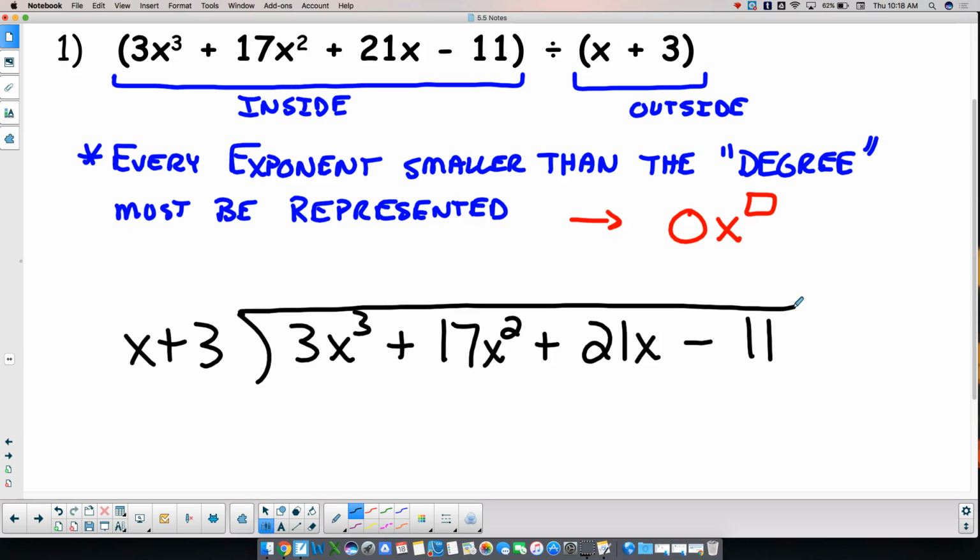Here with polynomials, you're only going to look at firsts. So I want x to become 3x cubed. What do I have to multiply x by to get 3x cubed? 3x squared. Now here's where I'm going to write my 3x squared.